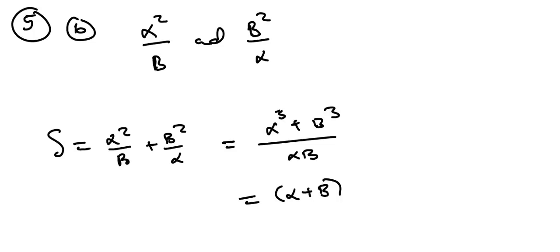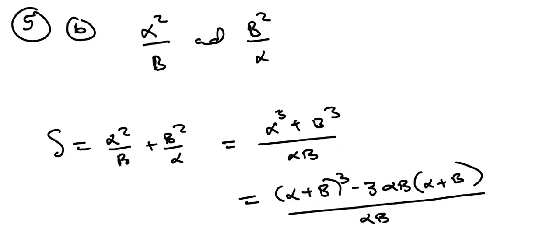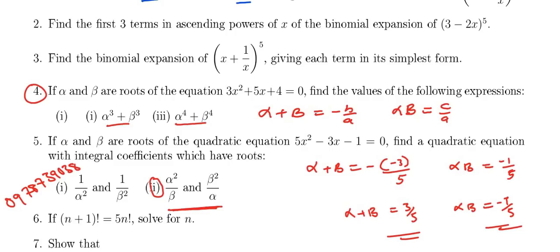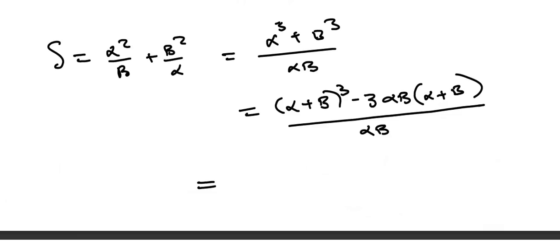It's the same as the sum cubed minus 3 alpha beta times alpha plus beta. The guy at the bottom is still intact. Then we can just do the replacements. Alpha plus beta, here we got it to be 3 over 5.